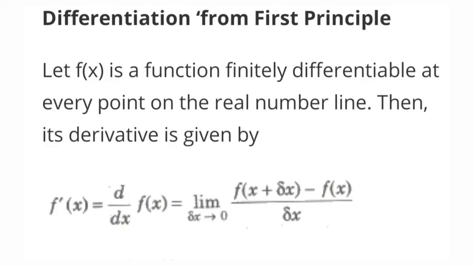Differentiation from first principle: let f of x be finitely differentiable at every point on the real number line, then its derivative is given by f dash x, d of f of x by dx is equal to limit del x tends to 0, f of x plus del x minus f of x divided by del x. So this formula is the first principle of differentiation.